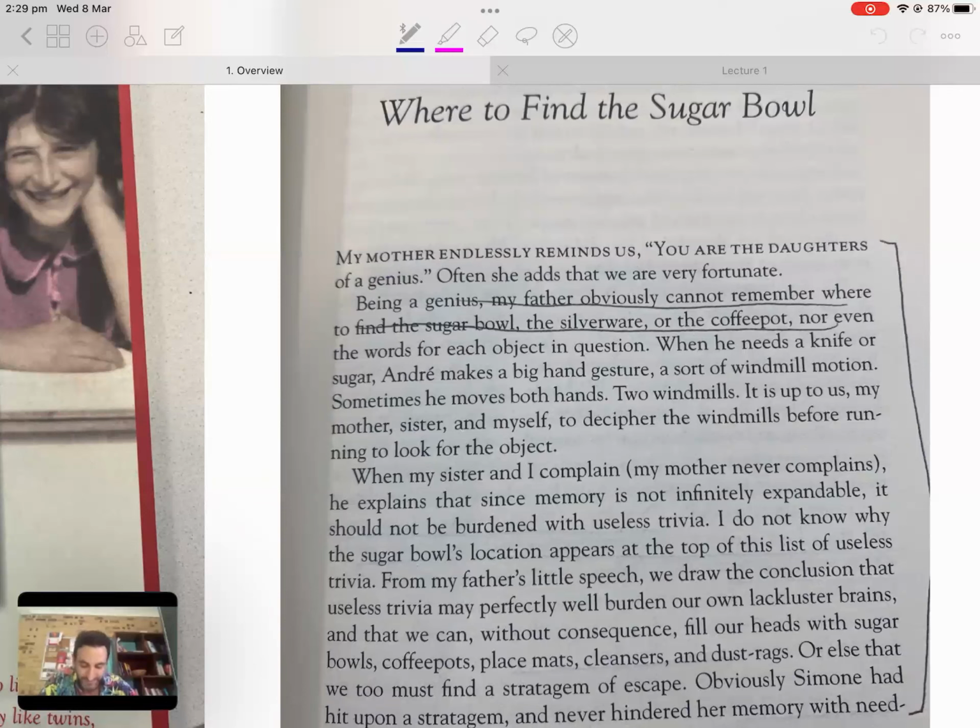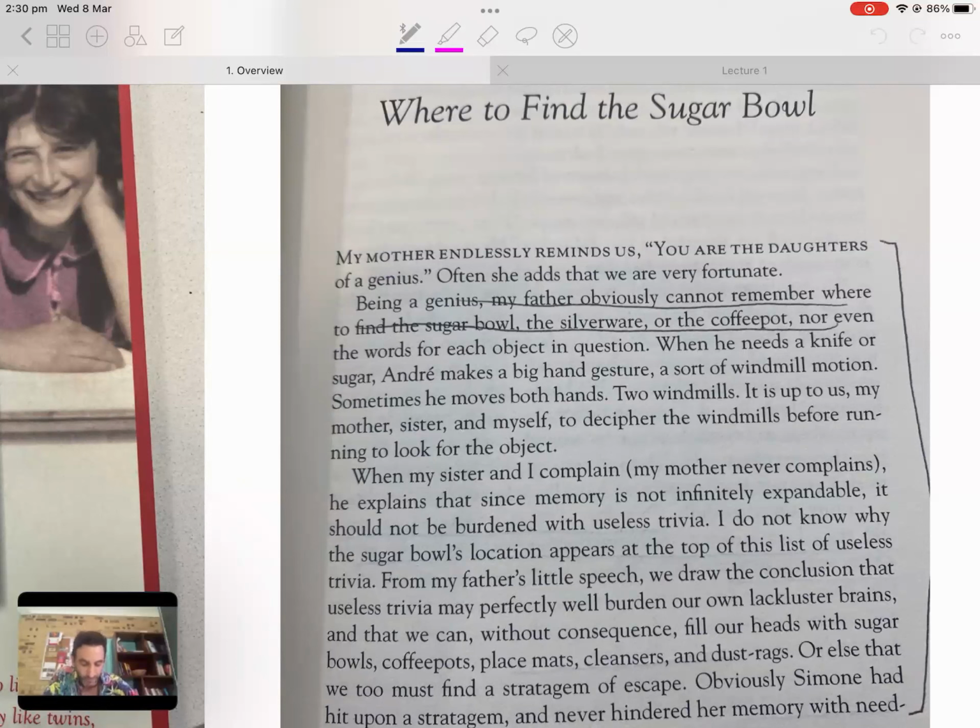Often she adds that we are very fortunate. Being a genius, my father obviously cannot remember where to find the sugar bowl, the silverware, or the coffee pot, nor even the words for each object in question. When he needs a knife or sugar, André makes a big hand gesture, a sort of windmill motion. Sometimes he moves both hands. Two windmills.